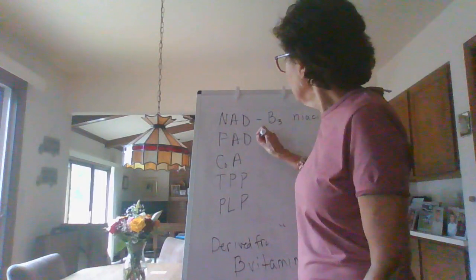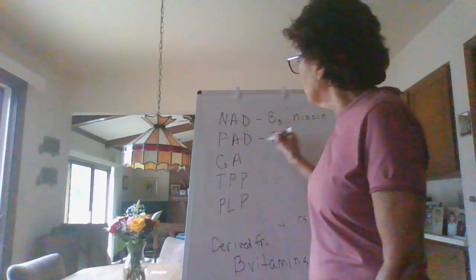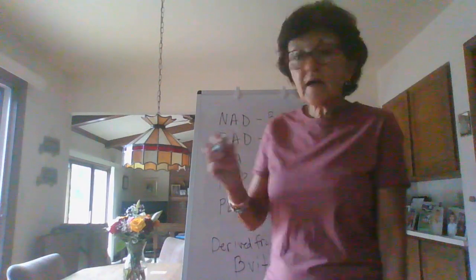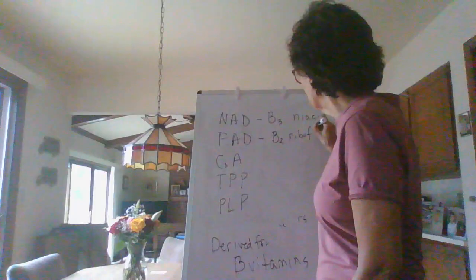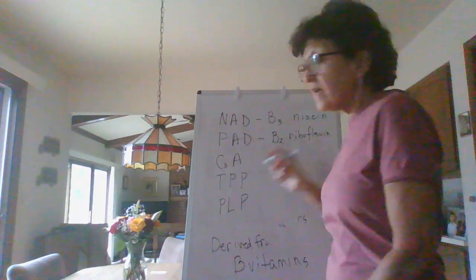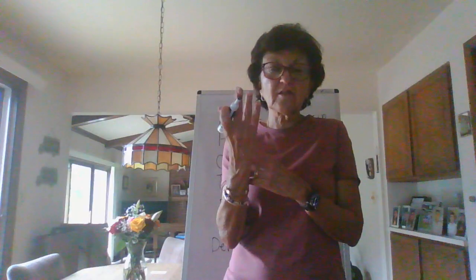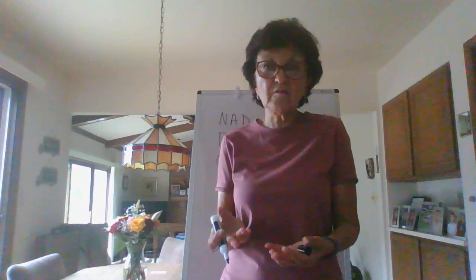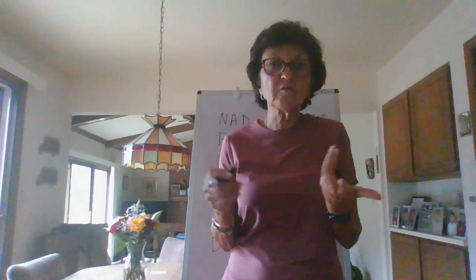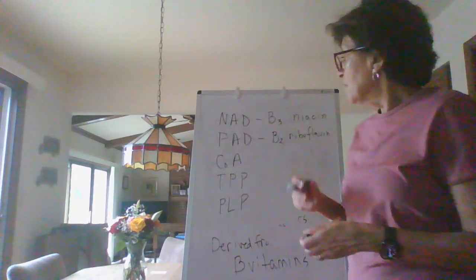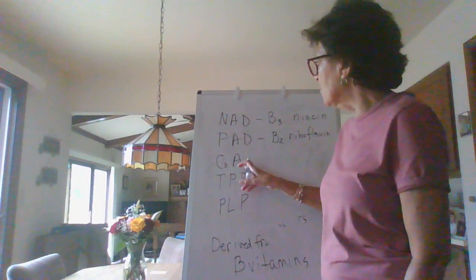FAD is flavin adenine dinucleotide. It's derived from vitamin B2, and the name of vitamin B2 is riboflavin. If you have a multivitamin bottle at home, just look at the label, you'll see the names of these vitamins. Or even sometimes on a cereal box, flip it over, you'll see these B vitamins, because they fortify the cereal with them.